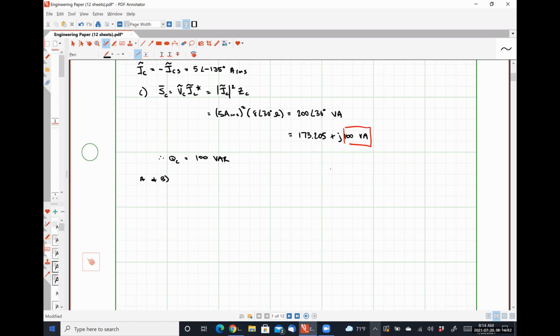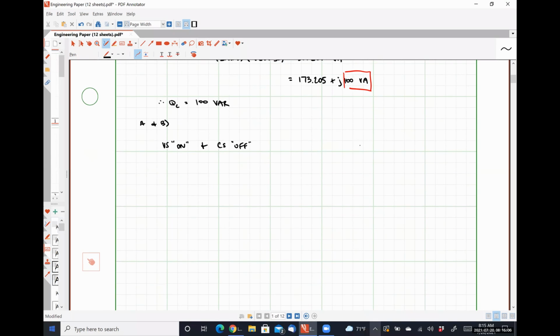So using superposition, let's say voltage source on and current source off. My circuit is going to look like this: I'll have 120 angle 0 degrees volts RMS, here's ZA, here's ZB, here's ZC.